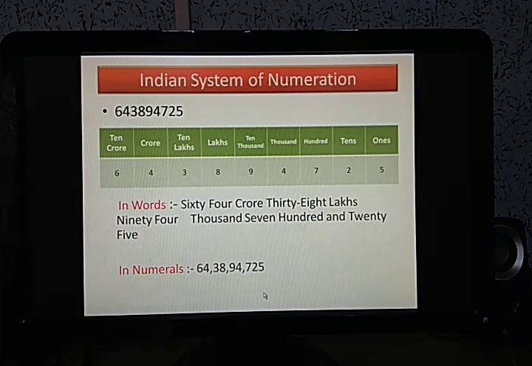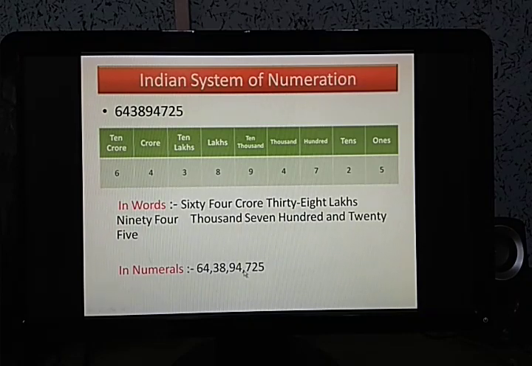This is very much clear because we always say the numbers in this pattern. So this is not much of a difficulty to understand, I guess. So in this way, just by placing the numbers according to their place values, we can write the numbers in words as well as in numerals. And while writing in numerals, the placing of the commas is very important.